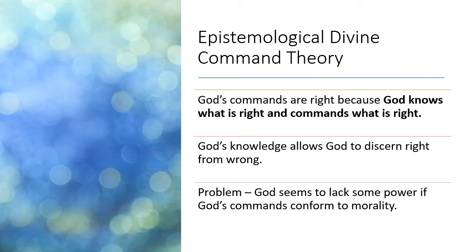On one end, there is a kind of claim that's easy for people who believe in divine command theory to think about, and that is that God's knowledge allows God to discern right from wrong. So God isn't actually in control of morality, but God uses his omniscience, his ability to know everything about the universe, to discern all of the possibilities of right and wrong, and to command which ones are right.